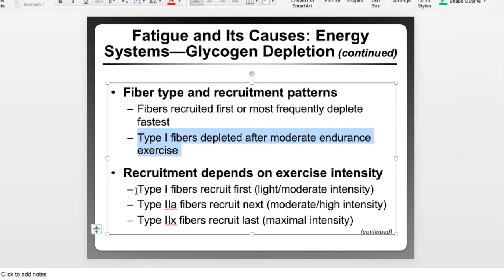But at the beginning, your type 1 muscle fiber types, or your low power, slow twitch muscle fiber types are particularly recruited first. And then as the intensity of the exercise increases, the faster twitch, more power type muscle fiber types will be recruited. So it could be the case that the fiber recruitment itself results in a delayed fatigue for these particular fibers.